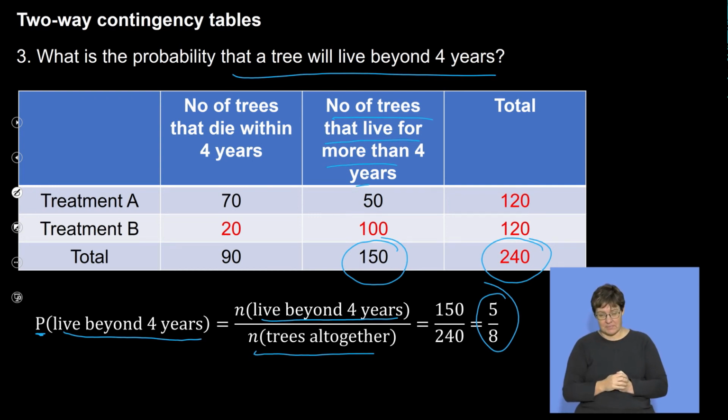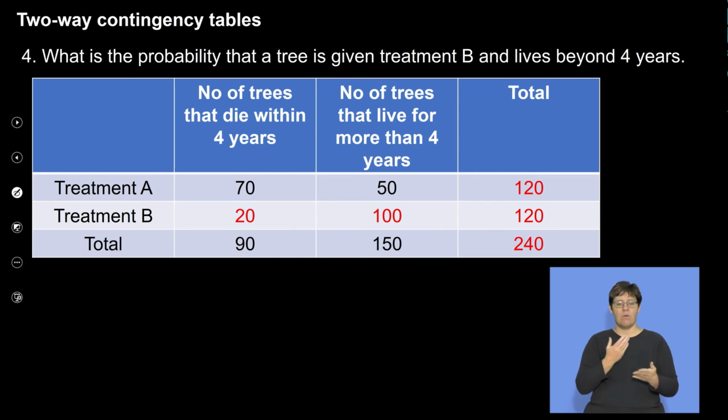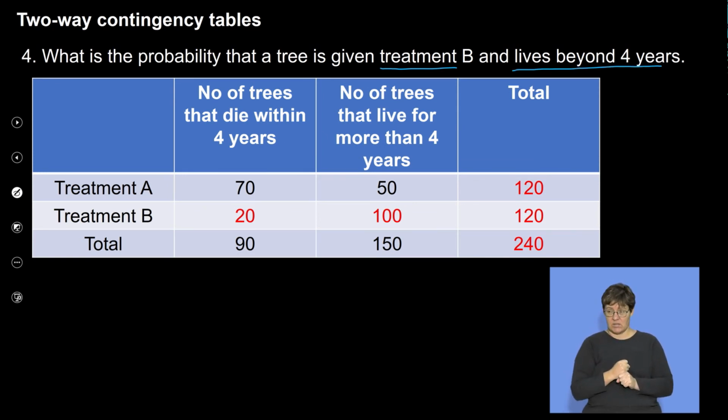Then problem 4: what is the probability that a tree is given treatment B and lives beyond 4 years? We want to give treatment B, but live beyond 4 years.